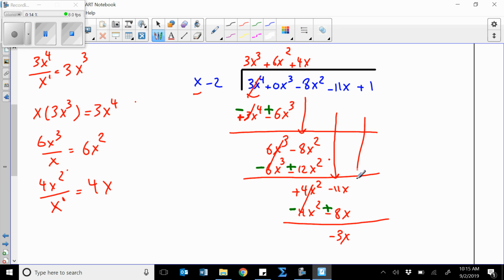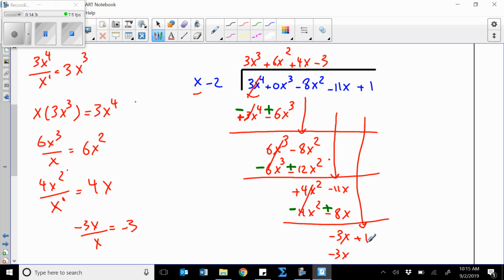Then we bring the last term down, plus 1. Now, what is negative 3x divided by x? It's negative 3. So I'm going to write negative 3 here. Then multiply negative 3 by x, it's negative 3x.